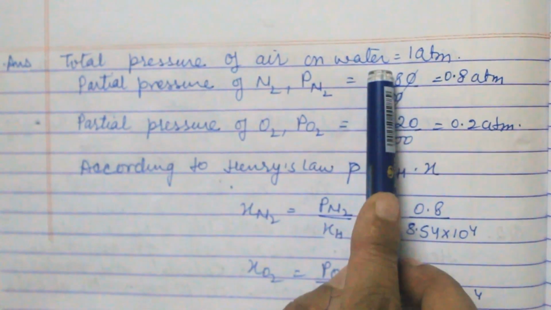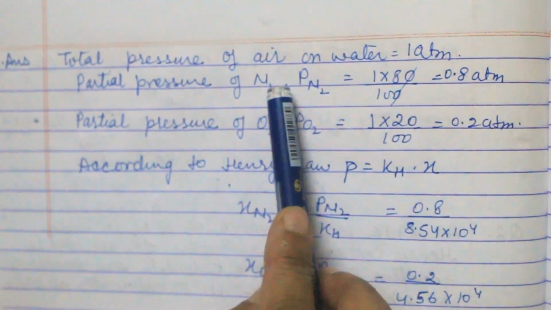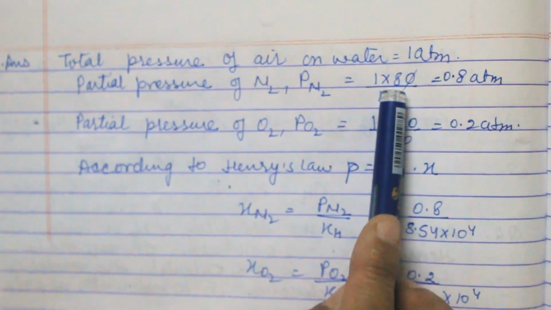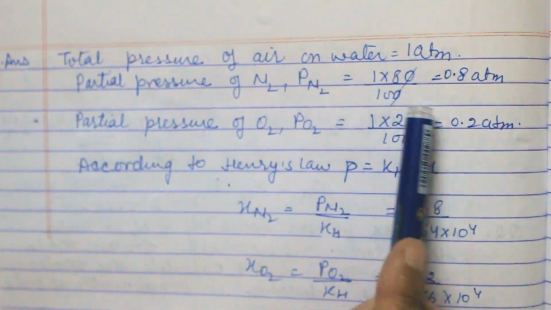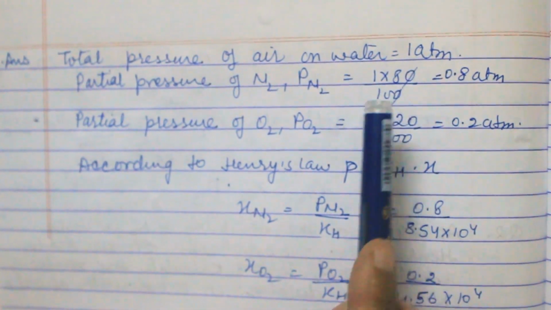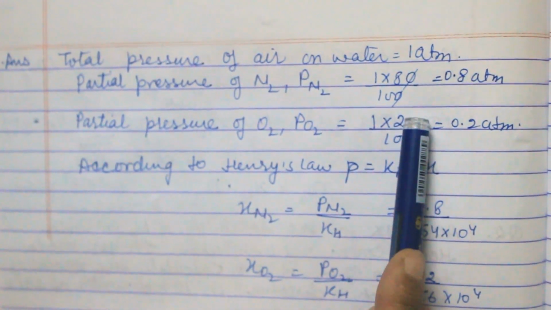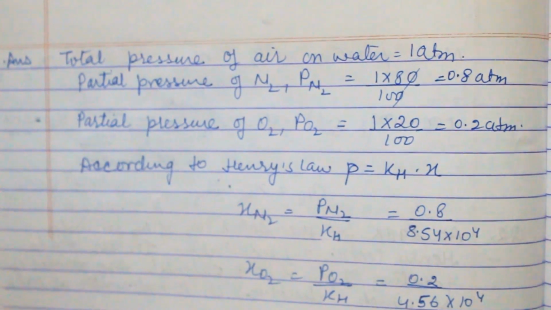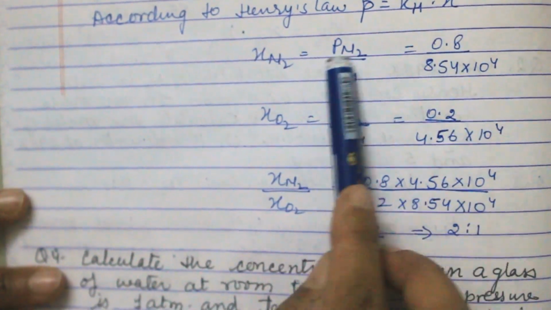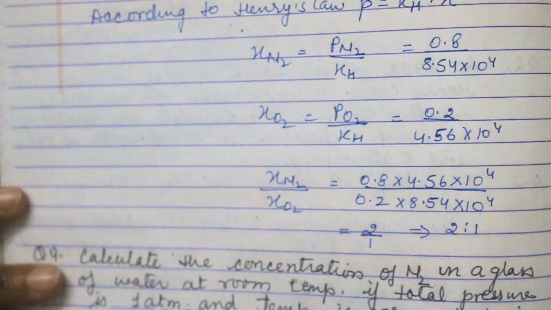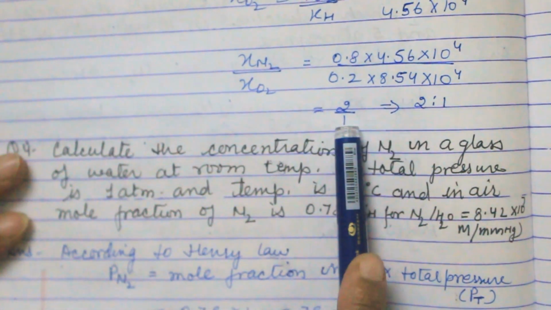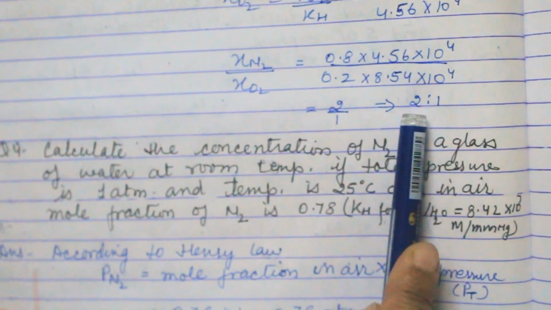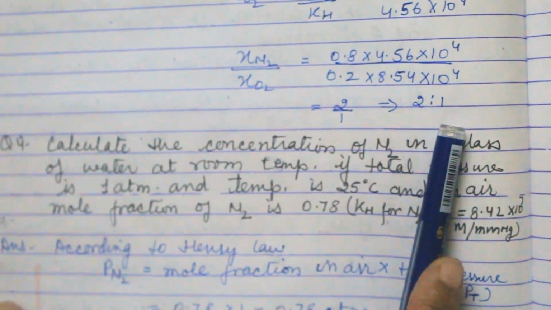We have to solve for N2, and because the percentage contains 100, we divide by 100, and O2 is also 20 according to the question, and this is in atm. Now according to the formula, we put in the values and the answer comes 2:1. So the ratio is 2:1, N2 is 2 and oxygen is 1.